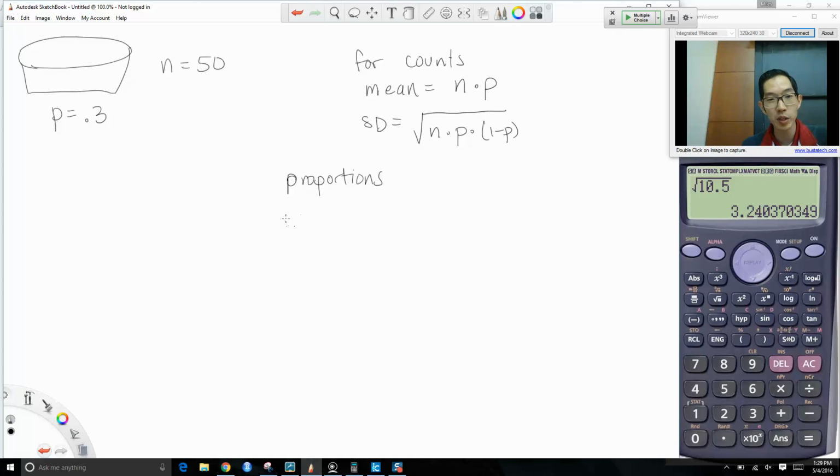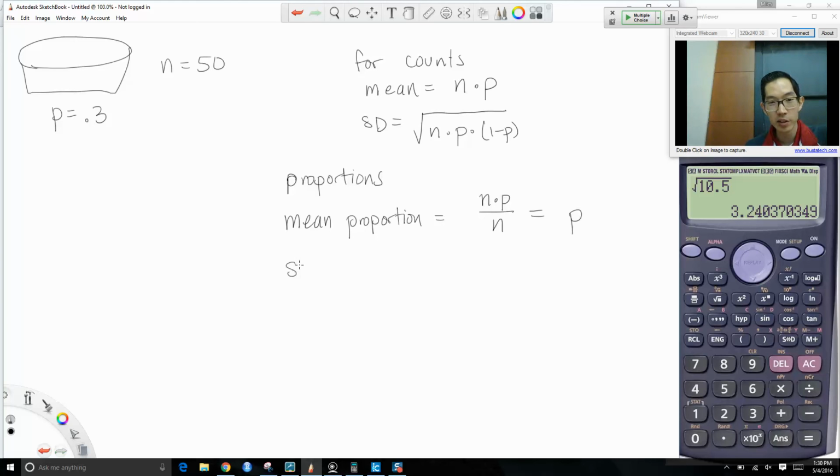Okay, so the mean proportion is going to be my mean count divided by n. So it's going to be n times p divided by n, and that just gives me p. So my mean proportion is just p.